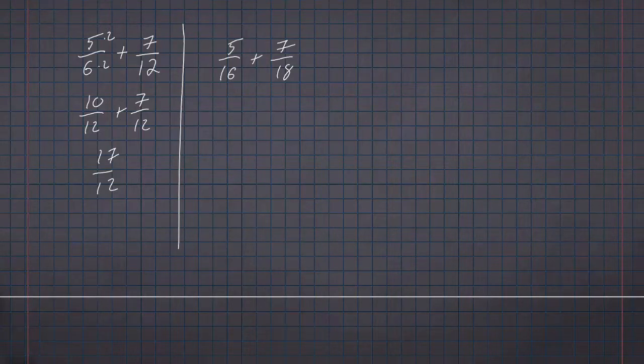And so we have to figure out how to multiply 16 times something and 18 times something else in order to make things work out.